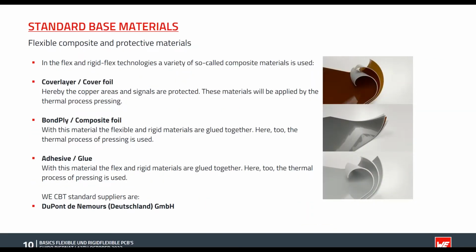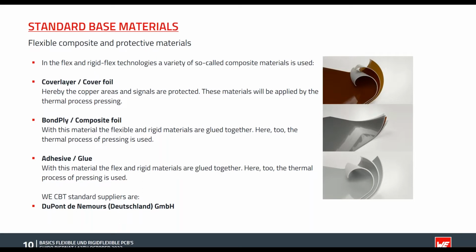And now the flexible composite and protective materials. In the flex and rigid-flex technology, a variety of so-called composite materials is used. Cover layer or cover foil. Here, the cover areas serve as protection. These materials are applied with thermal pressing process.